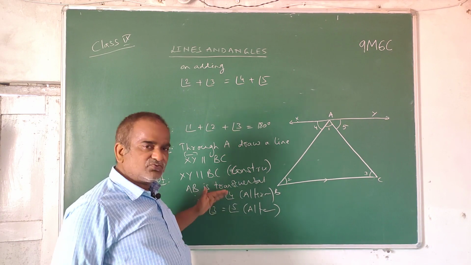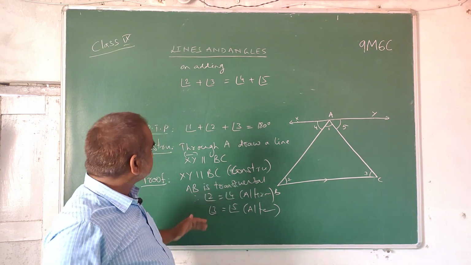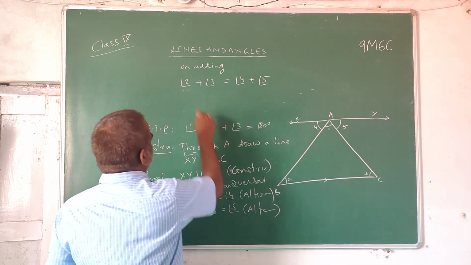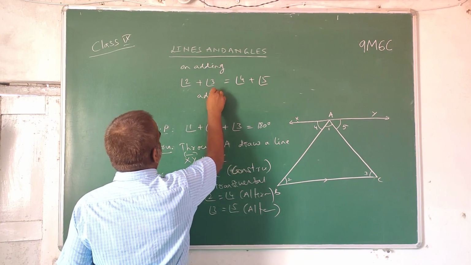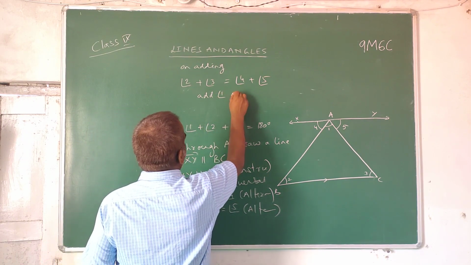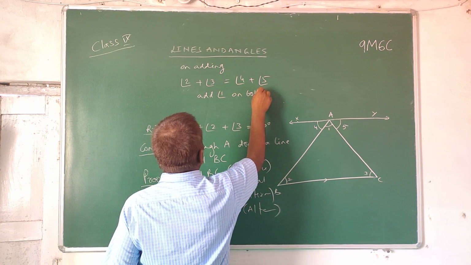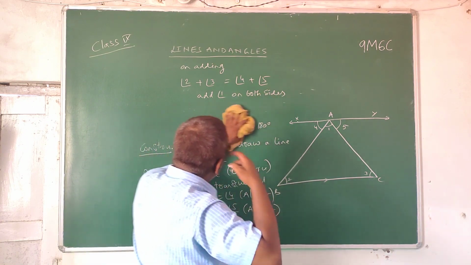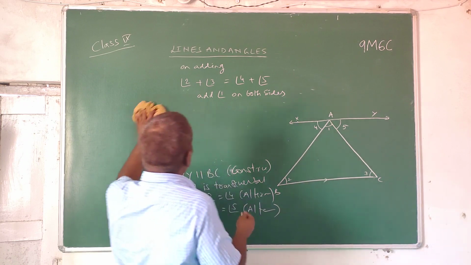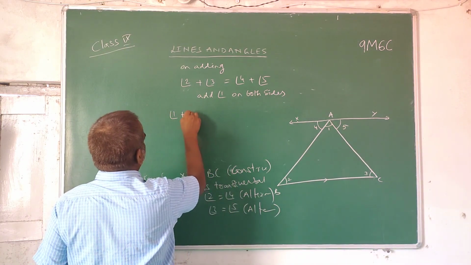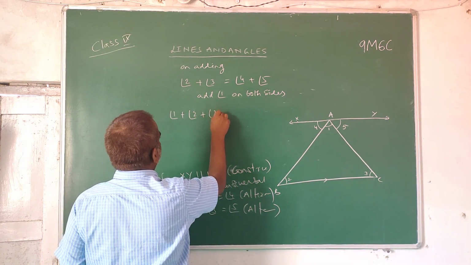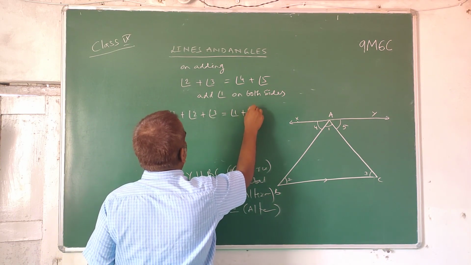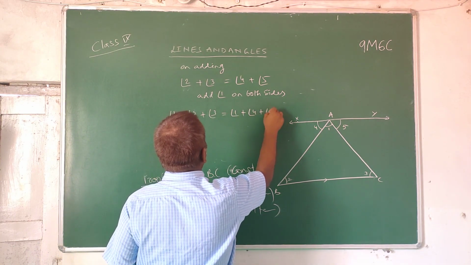I added these two equations. Now add angle 1 on both sides. So if you add angle 1 on both sides, then you will have angle 1 plus angle 2 plus angle 3 equal to angle 1 plus angle 4 plus angle 5.